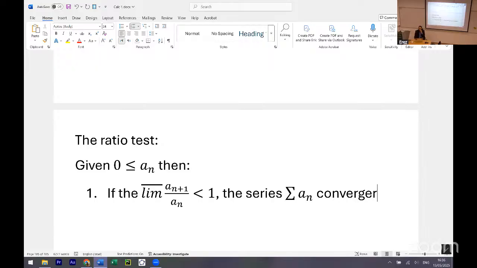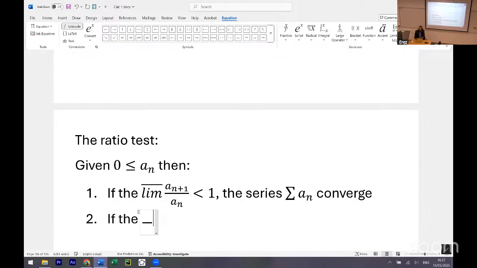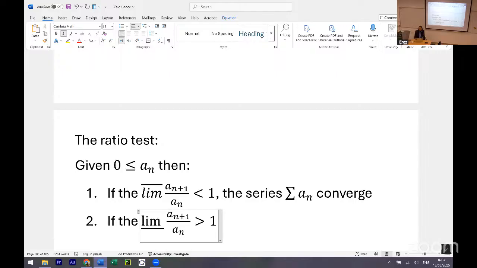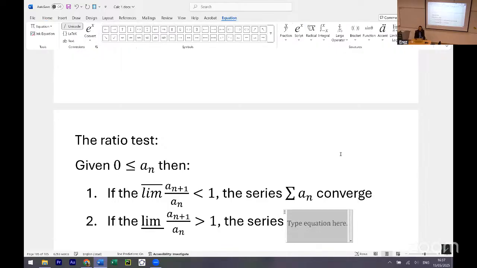Two, if the lim inf of the ratio is larger than 1, then the series diverges.